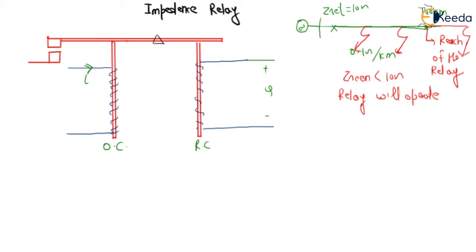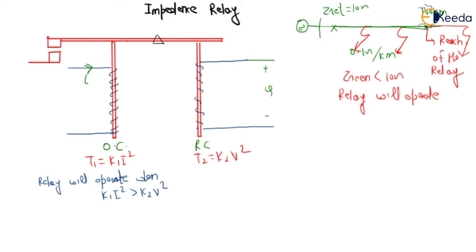Now we are going to talk about the impedance relay in which the operating coil is a current actuated quantity and T1 is equal to K1 I square and T2 is equal to K2 V square. This I and V are capital. So the relay will operate when the operating torque K1 I square is greater than K2 V square.